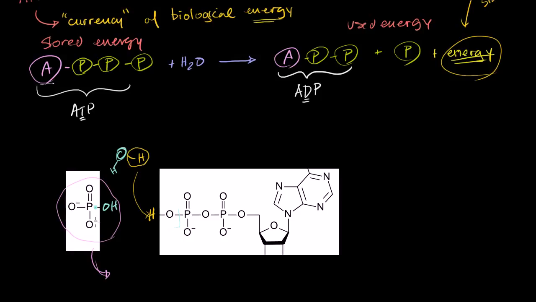So if you imagine that this oxygen right here has an extra electron with it, that extra electron right there could come down here and form a double bond with the phosphorus. And then this electron right here can jump back up to that oxygen. And then that could happen on this side and on that side, and I won't go into the details, but that's another reason why it makes it more stable. If you've already taken organic chemistry, you can appreciate that more. But I don't want to get all into the weeds.